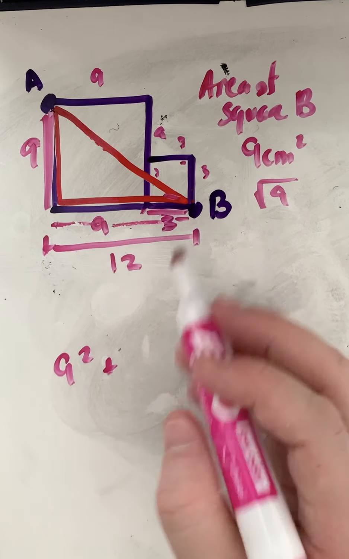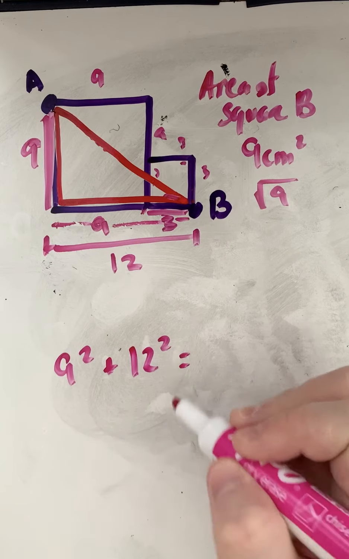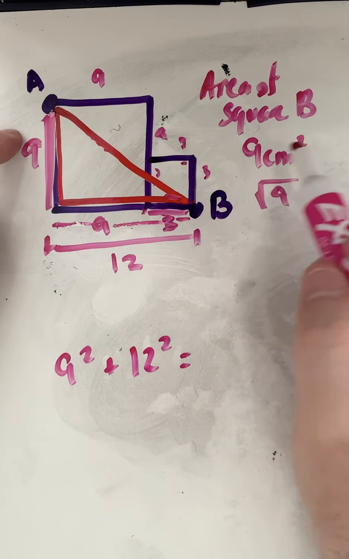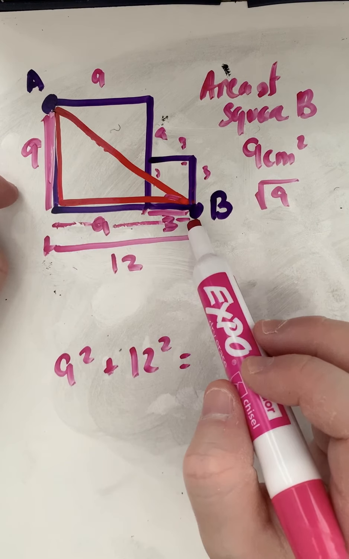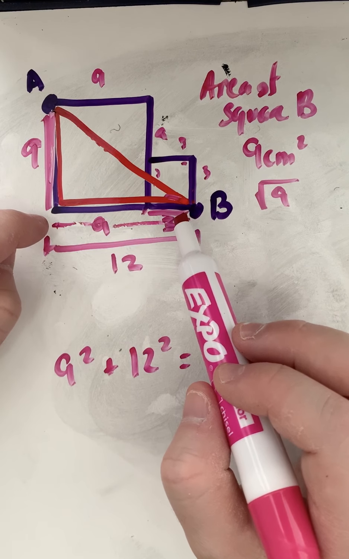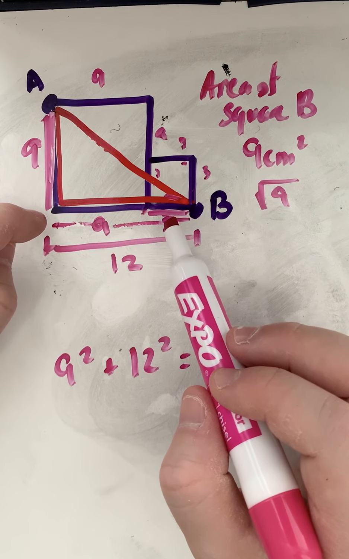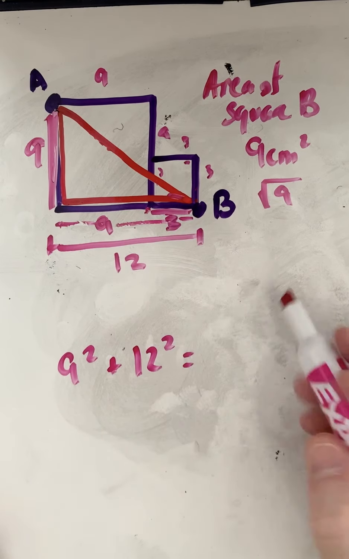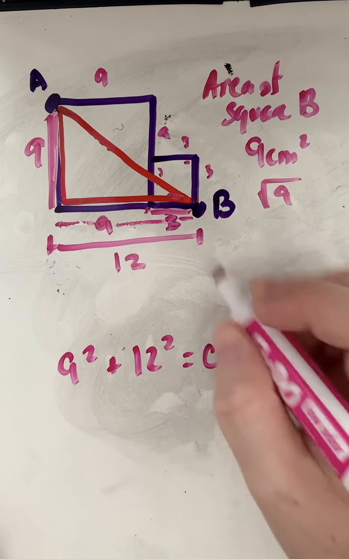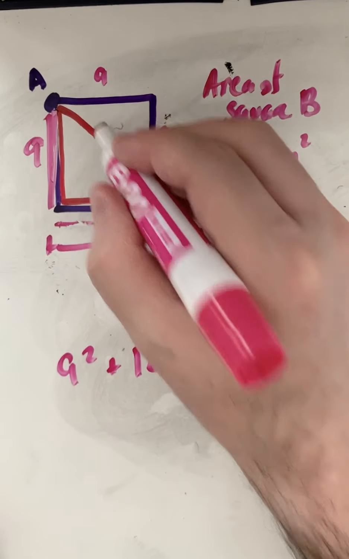Because 9 plus 3. So I'm going to write 12 squared here. I hope you're seeing what we did. We used the perimeter to find the height. And now because I had the horizontal extend, it's kind of like the mountain cable car activity that we did, looking at one block and then adding that second block. Okay, and we need to know this line right here.